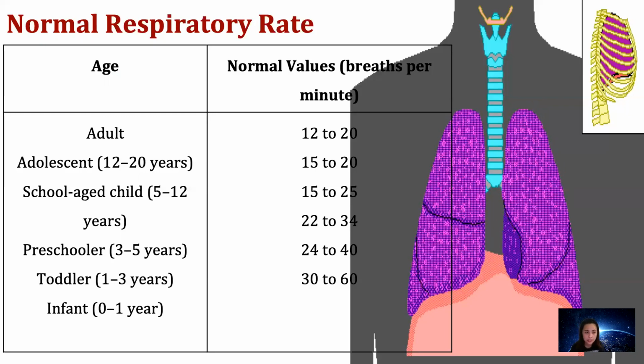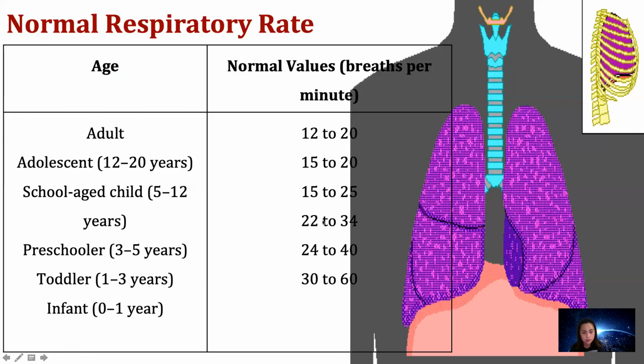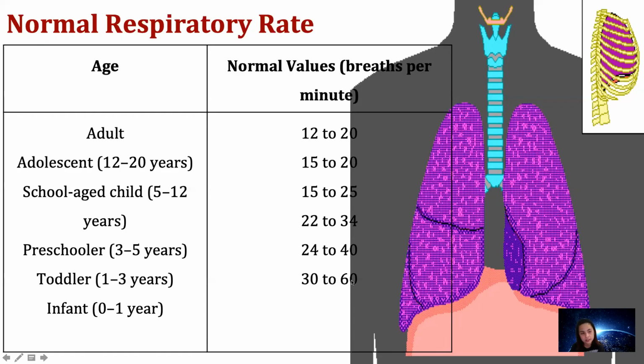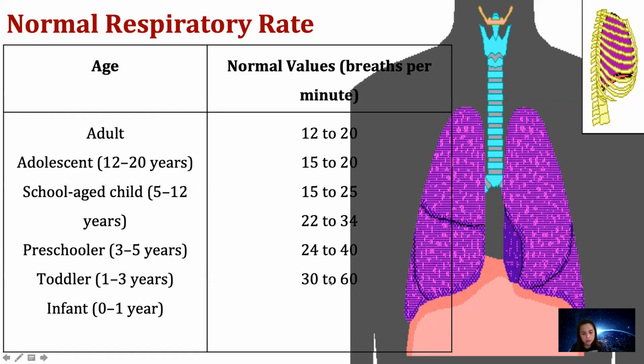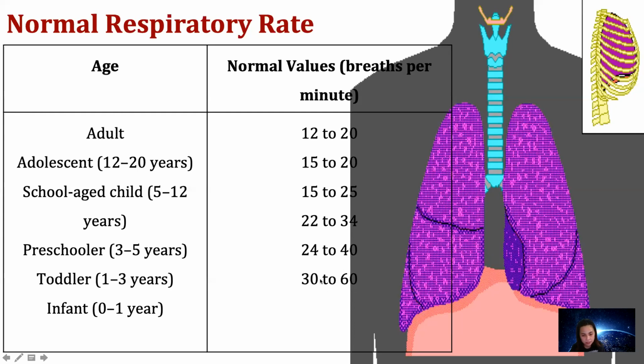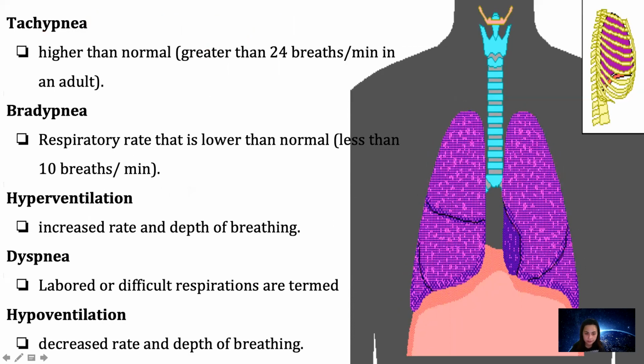Then other age groups: 15 to 20, school age 15 to 25, and toddler to infant, it's 32. Infant is 30 to 60. So you can see here the respiratory rate of the infant is higher.